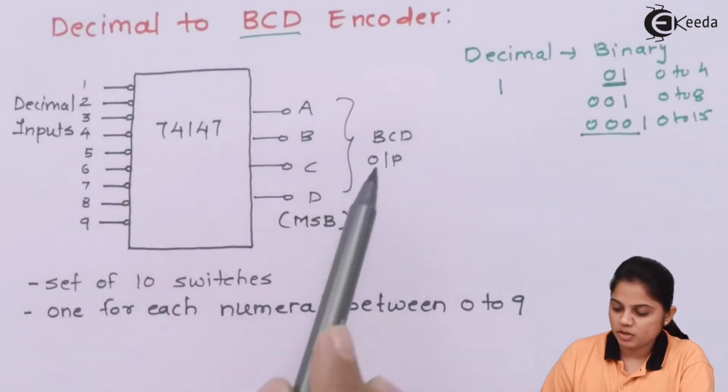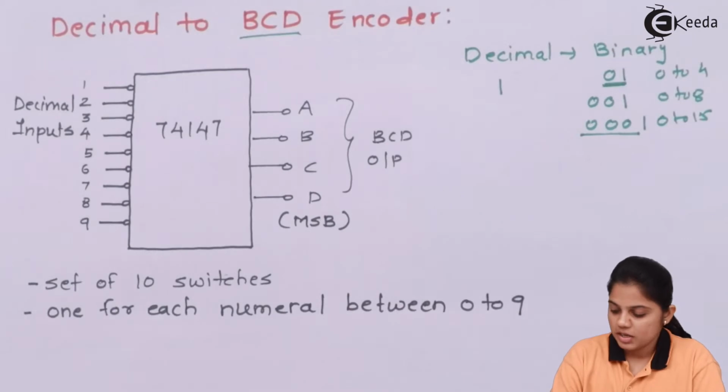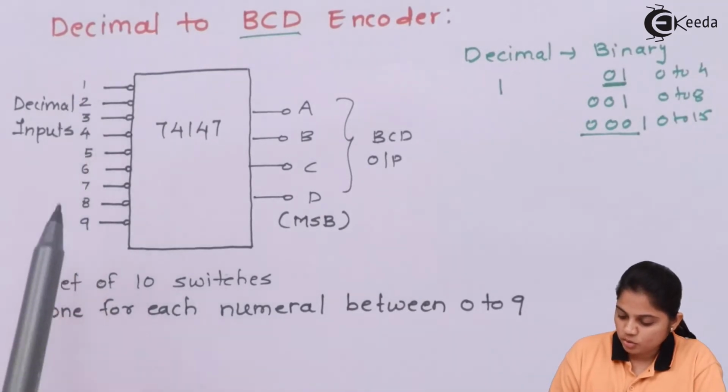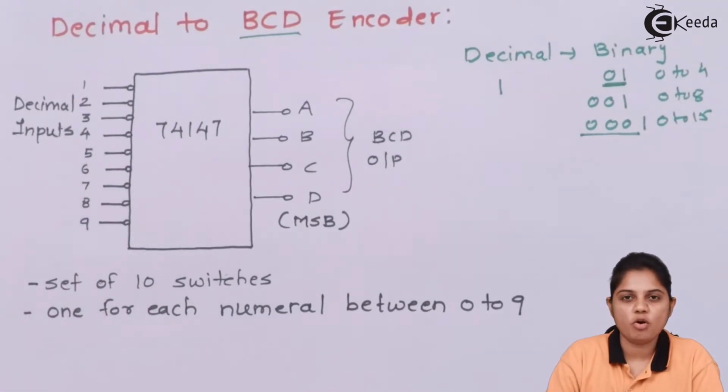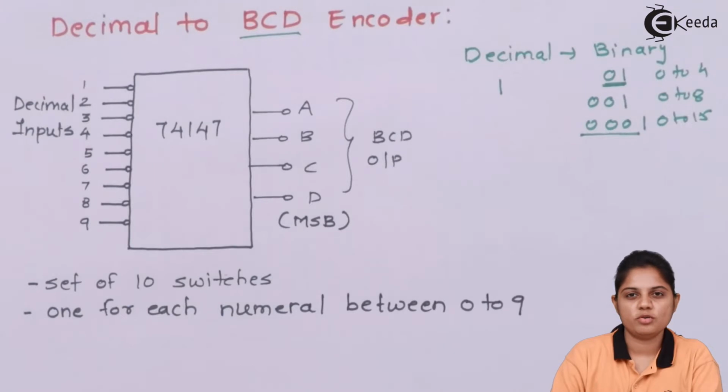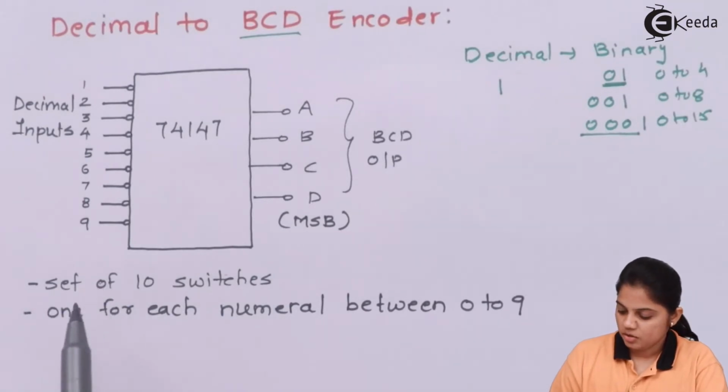Now how will this decimal to BCD encoder work? Here you can see that 1 to 9 are nothing but a set of switches. According to the switch position, that particular data will be produced as an output. For example, this is a set of 10 switches, 1 for each numeral between 0 to 9.